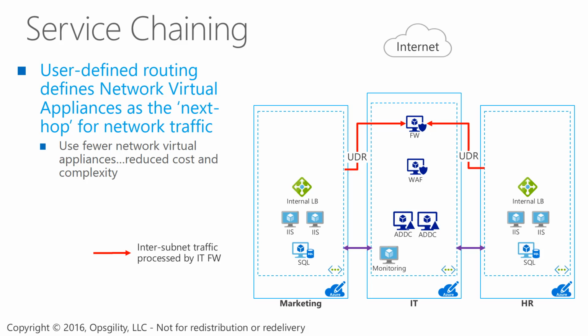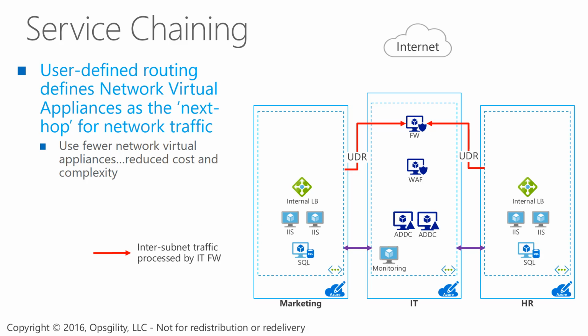The example that I gave in the last slide of using a firewall in a peered virtual network from another virtual network, this is a capability called service chaining. Service chaining implies the use of what is called user-defined routing to control the flow of traffic. In this case, we are setting up a route that forces traffic from a subnet to use a network virtual appliance in a peered VNet as the next hop.